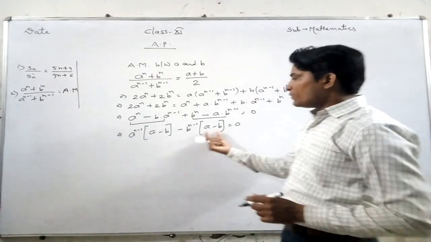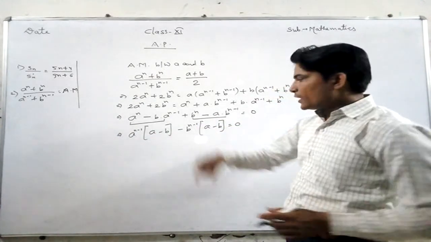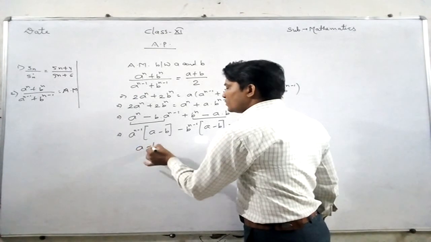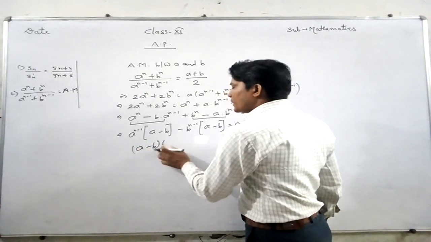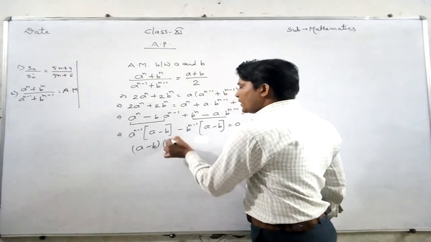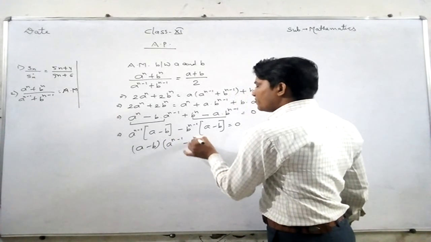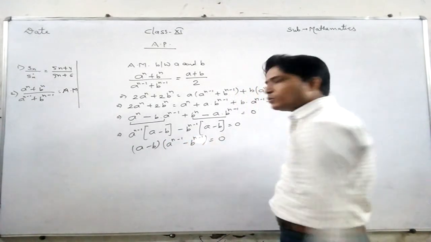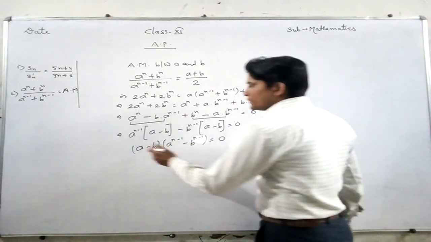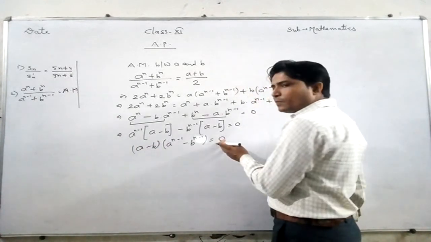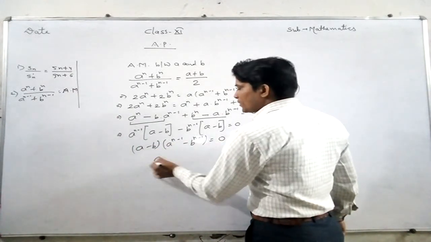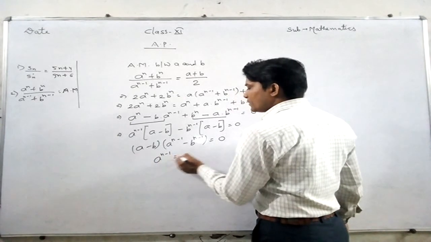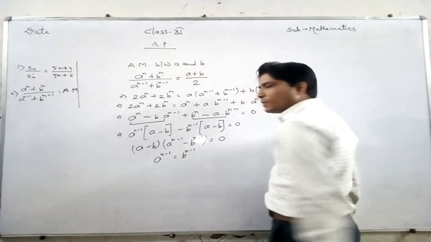Both steps are equal, so we take a minus b common, and the remaining term is an minus 1 minus bn minus 1 equal to 0. So here a is not equal to b, but a to the power n minus 1 equals b to the power n minus 1.